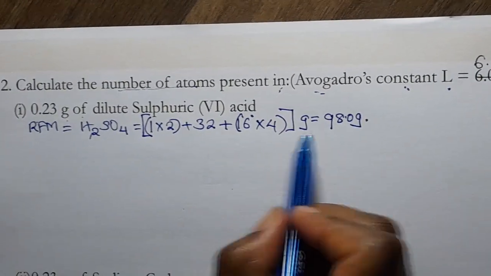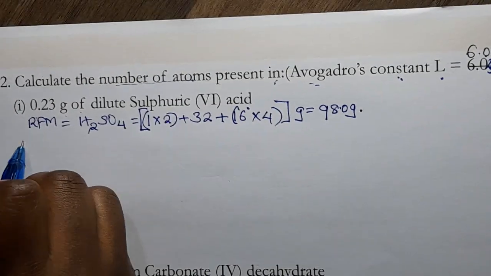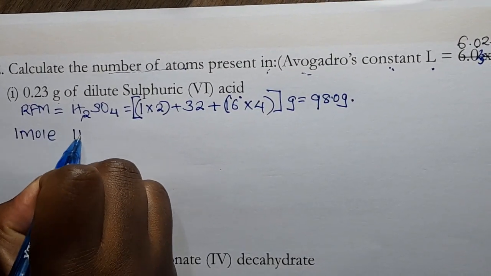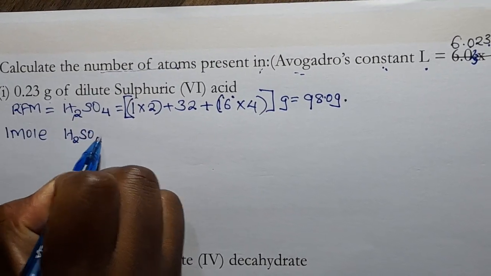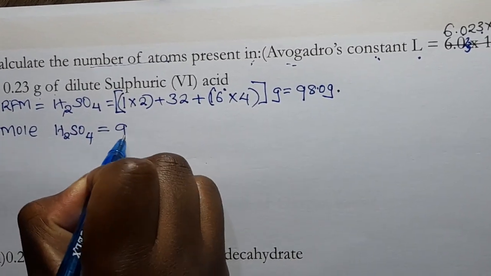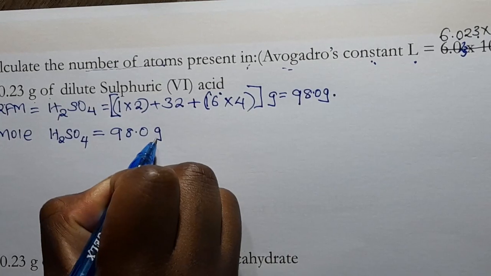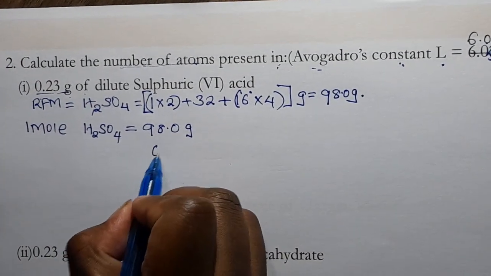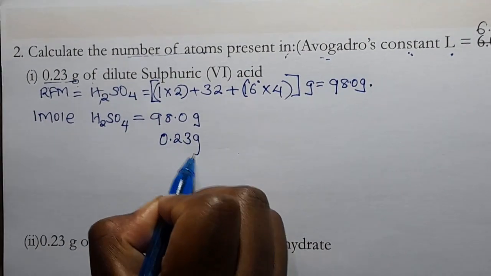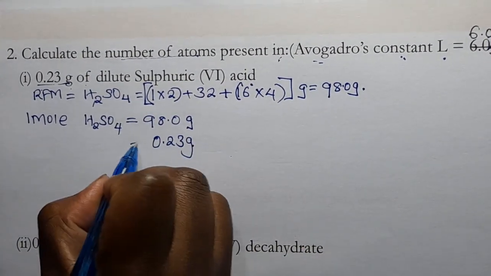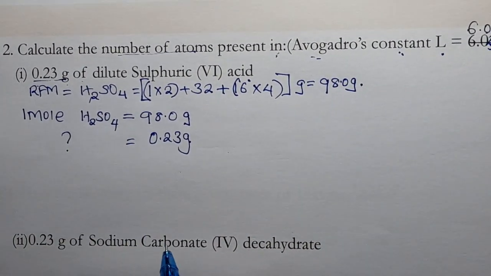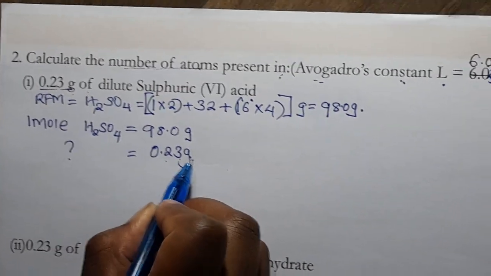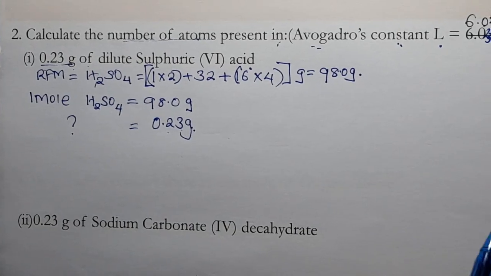So if 1 mole of dilute sulfuric acid has a mass of 98.0 grams, what about 0.23 grams? So grams and grams. How many moles? So what is the number of moles in 0.23 grams of dilute sulfuric acid?